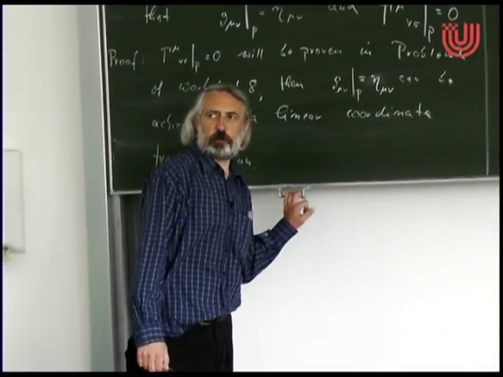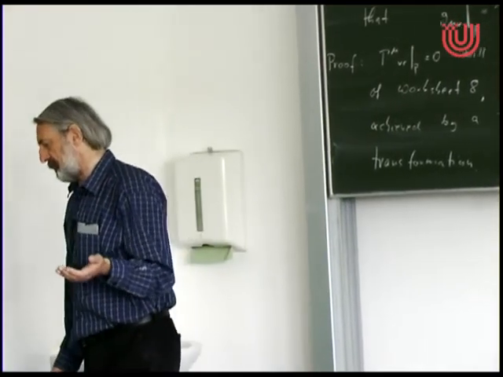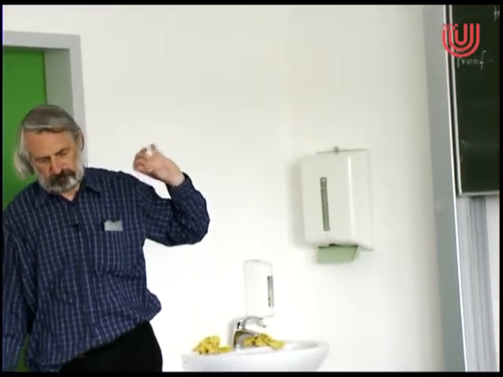We don't have inertial motions. And that's fairly clear, because if we switch on gravity, going from special to general relativity, then we won't have particles moving in an inertial way, just in straight lines. They will be affected by gravity.